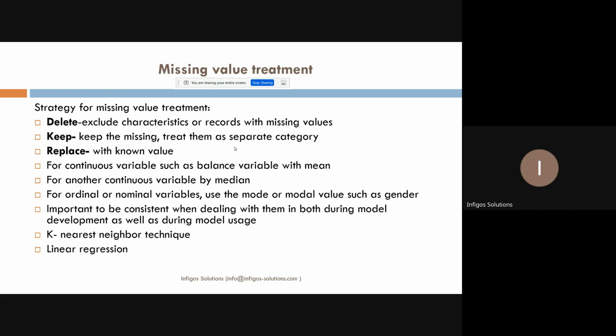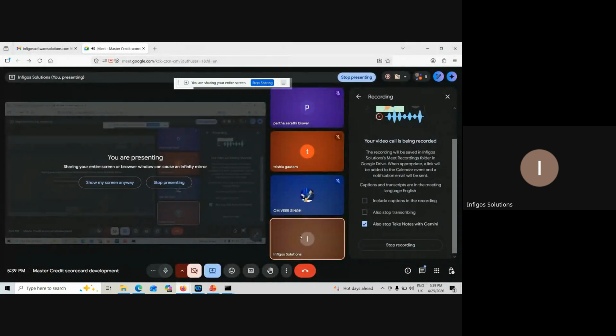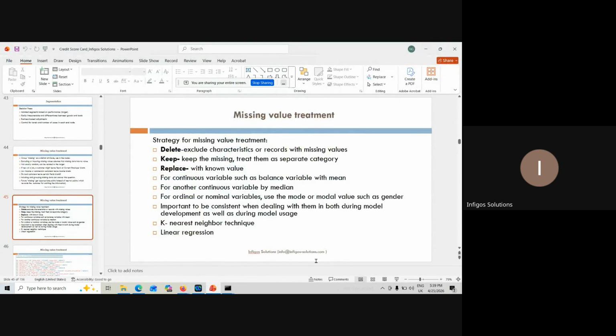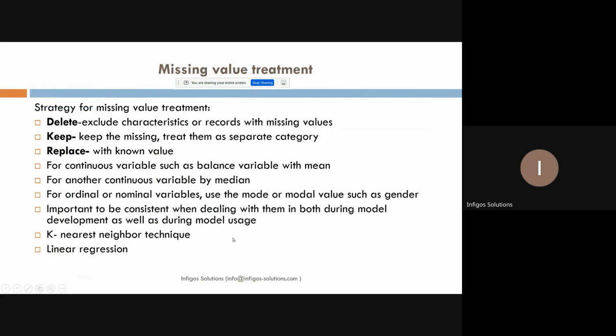For an ordinal or nominal variable such as gender, we will use the mode, or modal value.